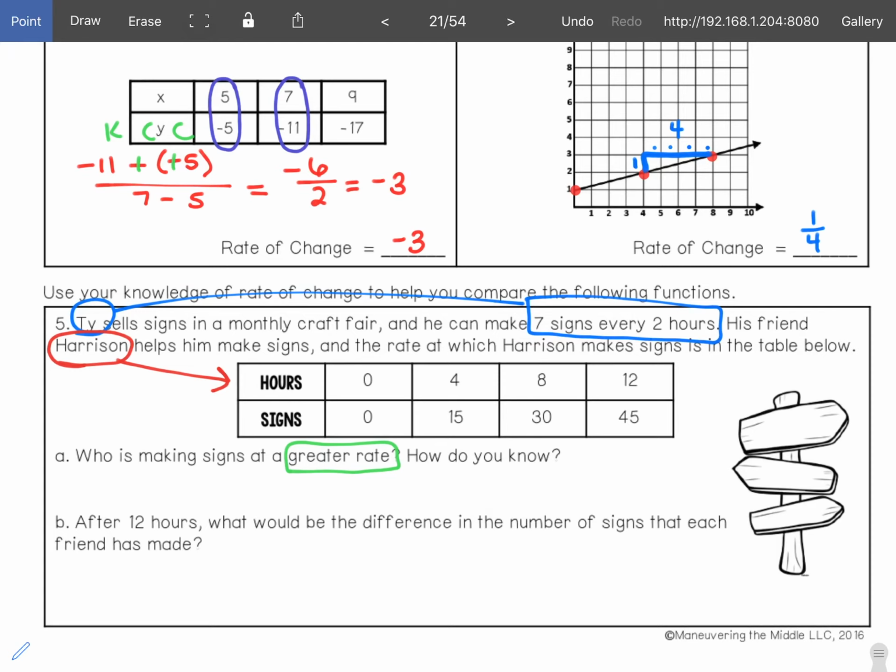And so if Ty can make 14 signs in 4 hours, but Harrison can make 15 signs in 4 hours, then Harrison must be making signs faster because he's able to make 1 extra sign.